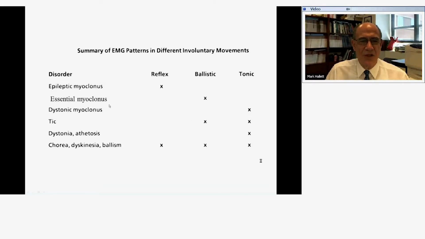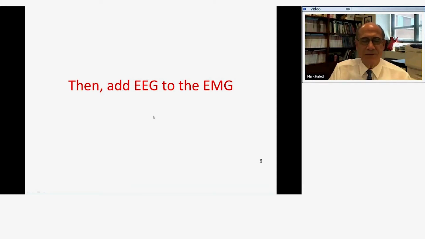So again, myoclonus can have almost any of these. Tic can have ballistic or tonic, but never looks reflex. Dystonia would be almost entirely tonic. And chorea, dyskinesia, ballism, those can have mixtures of all sorts of things. So this is what the surface EMG would look like.